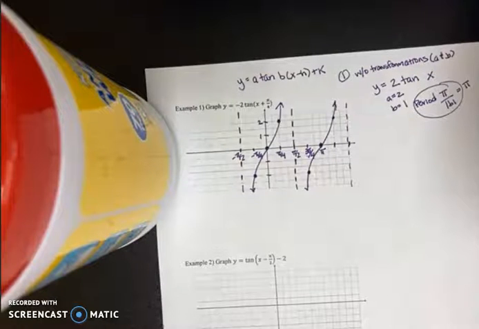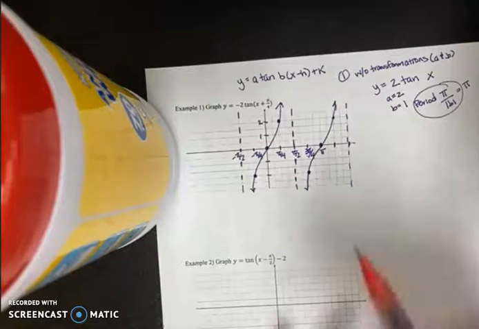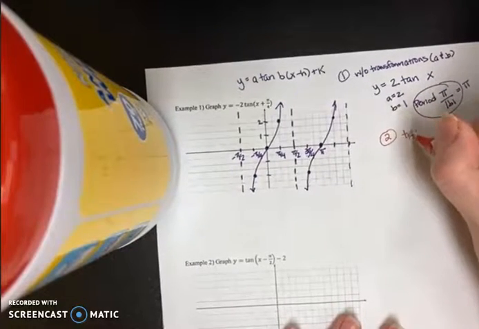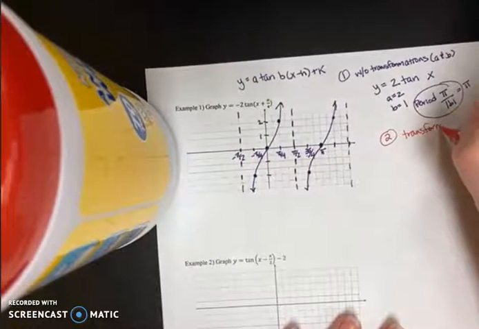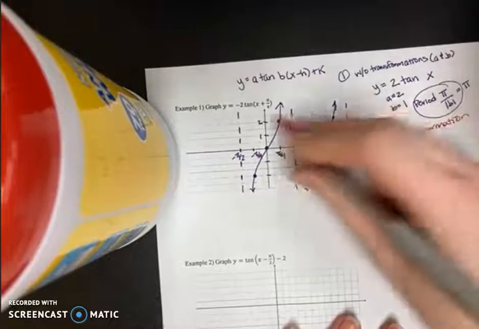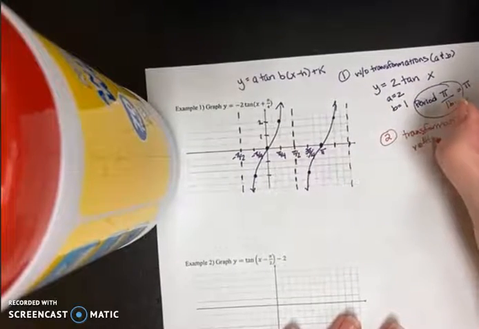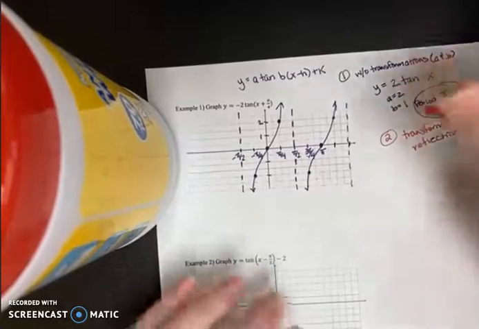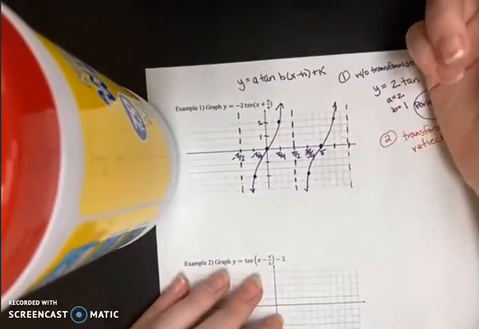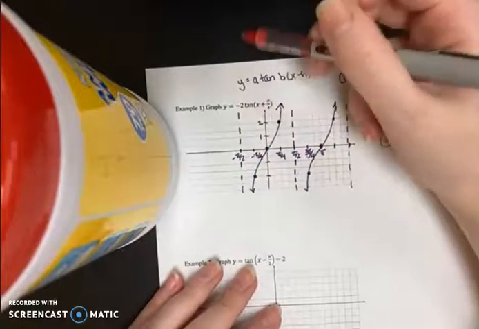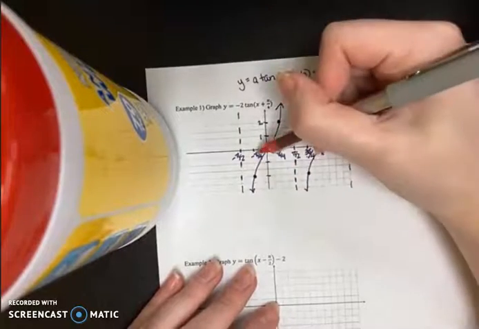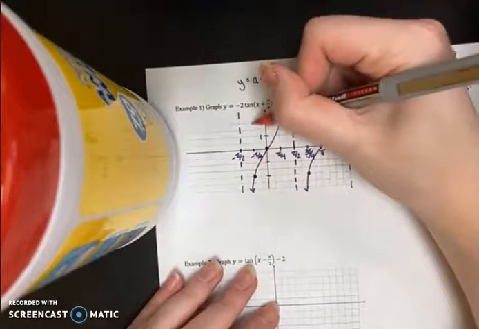Now we're going to do the transformations. The first transformation I'm going to do is a reflection. I like to do the reflection first and then move it. So I'm going to show that in red. A reflection, asymptotes stay the same, intercepts will stay the same, but the coordinates are going to flip. So instead of being down 2, we're going to move it up 2.